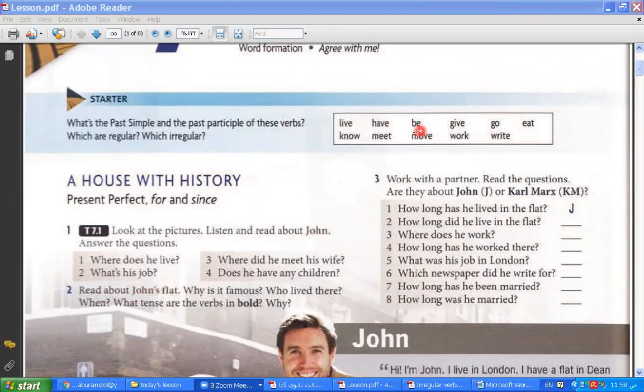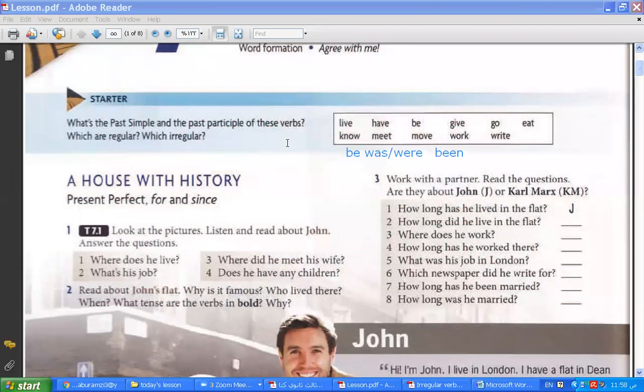Zainab, be. What is it? Was, were, been. Teacher, can I? Yes, let Zainab finish this. Be, was or were, been.